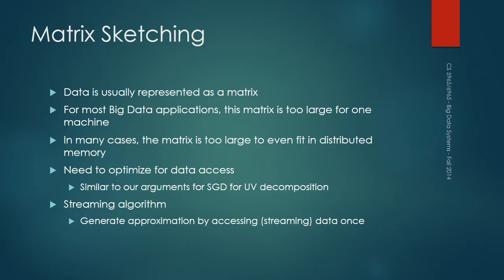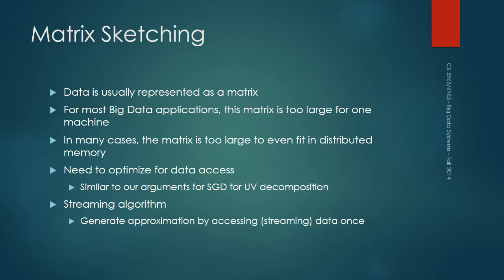If the matrix is so big that I cannot even store it in distributed memory, right? So we talked about, you guys implemented matrix multiplication for page rank using matrix vector. We were still dividing up the matrix into blocks, but we still assumed that all the map tasks would be able to store this matrix, whether it's a sparse or a dense matrix, that it can sit in memory.